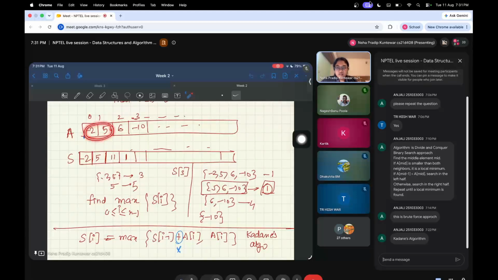If you take this, then your sum is 3. If you take this, then your sum is 5. So in that case you won't be taking this, but you will just be taking A of I. But in the next step, as you can see, if you take this sum, then you get your maximum. So sometimes you may have to take the previous sum and add to it, or you may have to discard it and just take the current element. So this entire step can be done in one scan. So that's where you had your order n.